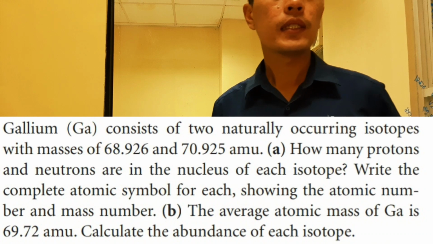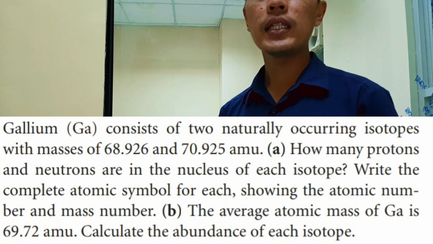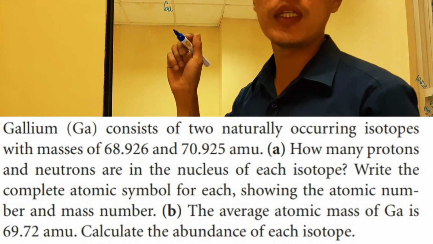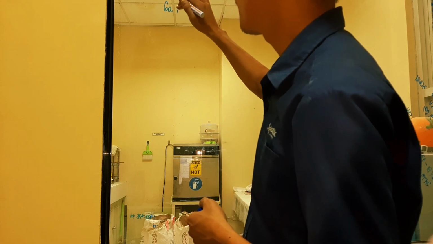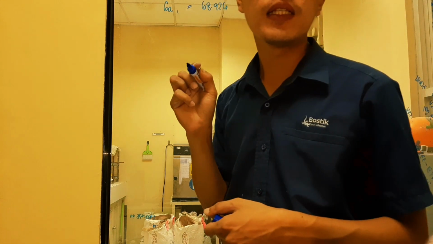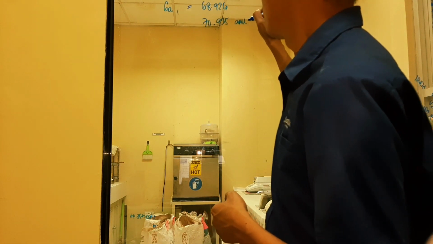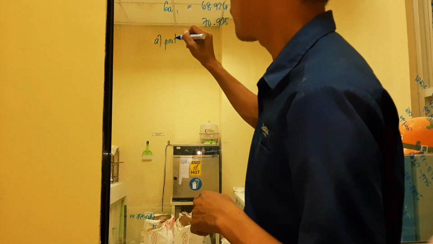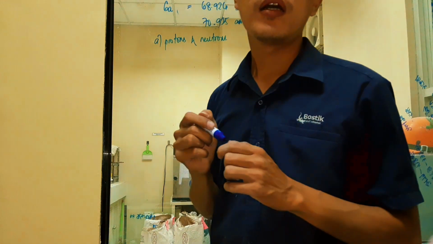So number 2: gallium consists of two naturally occurring isotopes with masses 68.926 amu and 70.925 amu. The first isotope of gallium is 68.926, and the second is 70.925 amu. First, how many protons and neutrons are in the nucleus of each isotope?